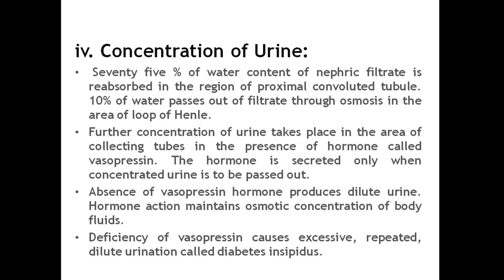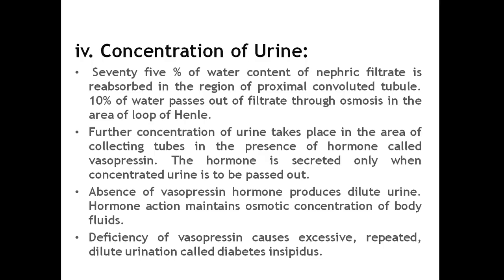So, to maintain the body's fluid and ion balance, vasopressin is released. Whenever vasopressin is released, our kidneys reabsorb more water. So we urinate fewer times in summer and concentrated urine is passed out.